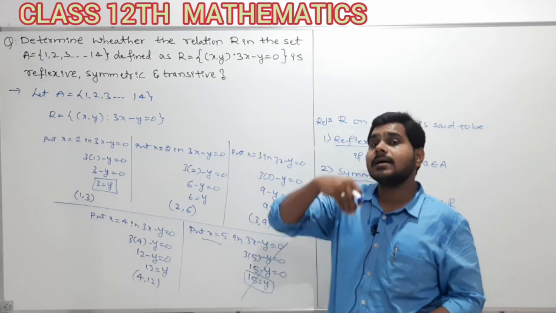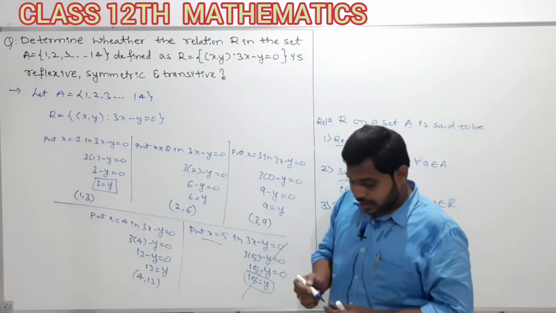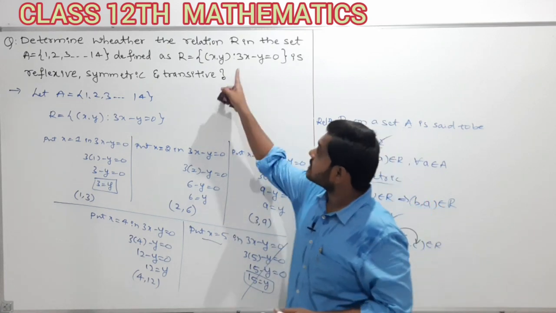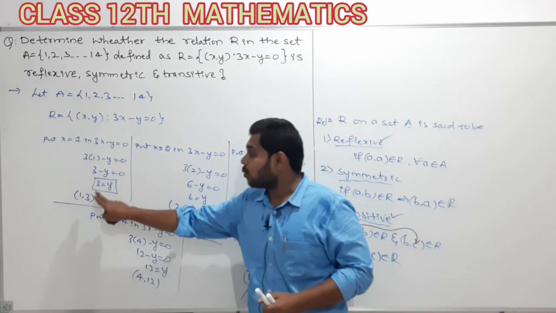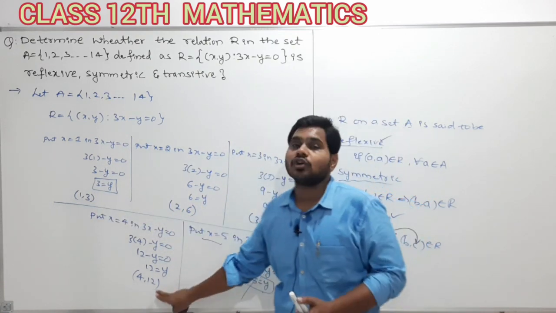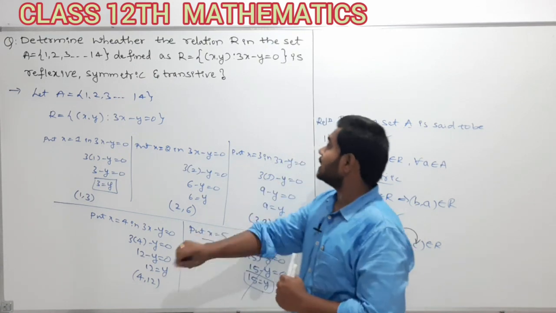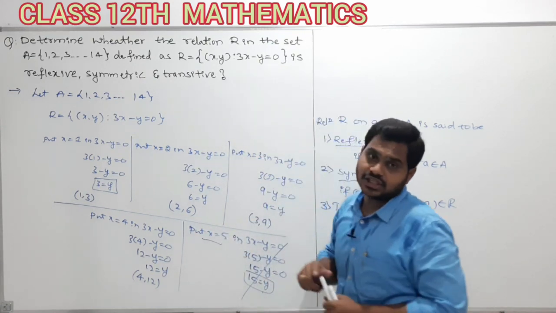It means it is not in our set A. So therefore the only ordered pairs which satisfy this relation are 1 comma 3, 2 comma 6, 3 comma 9, 4 comma 12. These are the only ordered pairs which satisfy this given relation, my dear students.